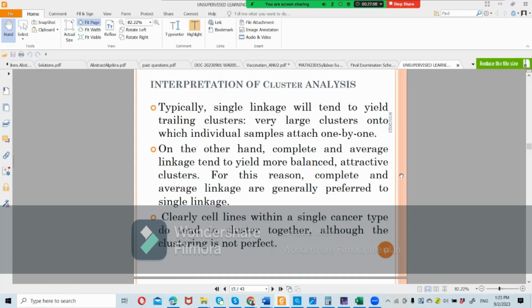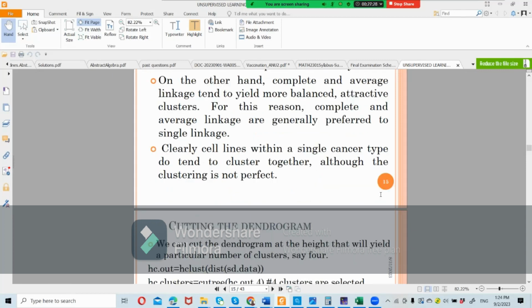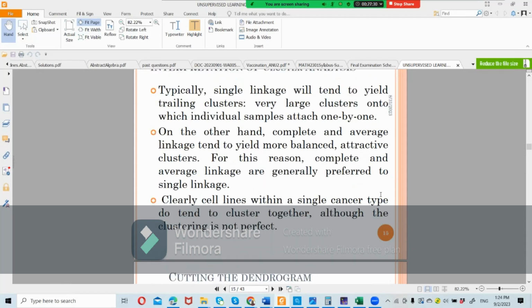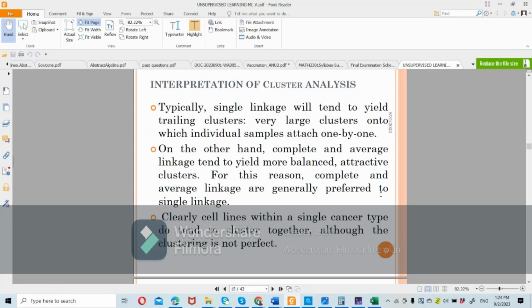So that's why complete and average linkage are usually recommended. Okay, but when we look at the cell lines within a single cancer type, you can see they do tend to cluster together, although the clustering is not perfect.